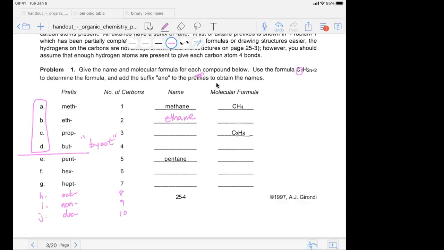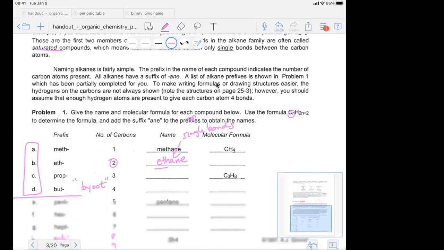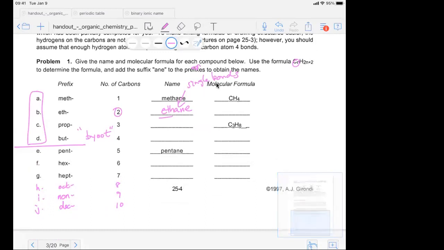The first example is eth, which represents 2, and the second is ane, which means all single bonds, because we're in the alkanes. So again, the names of these compounds are like a recipe or an instruction on how to draw it.